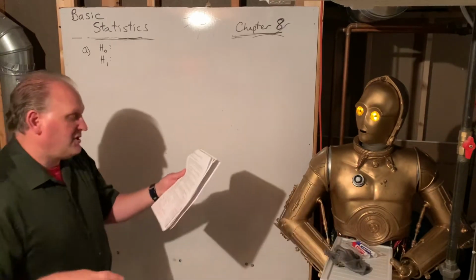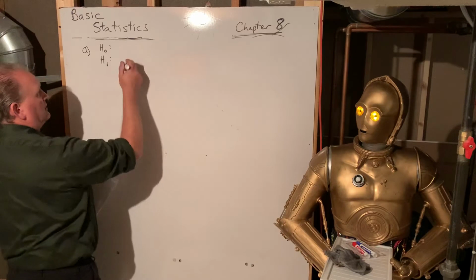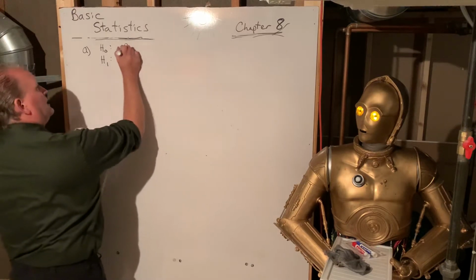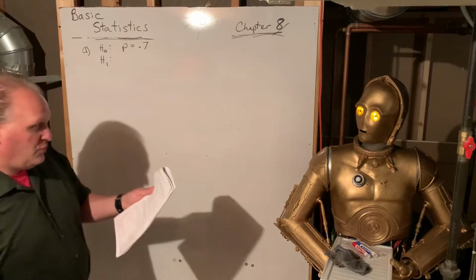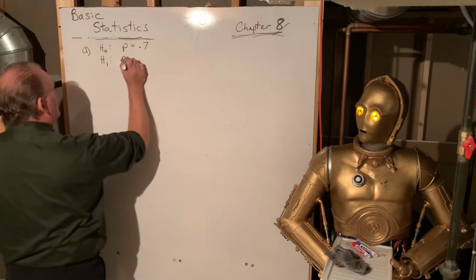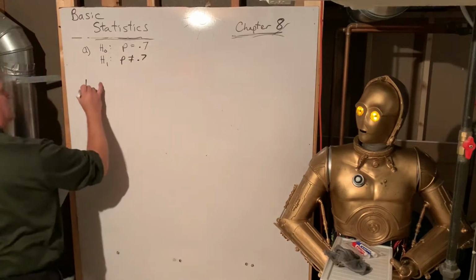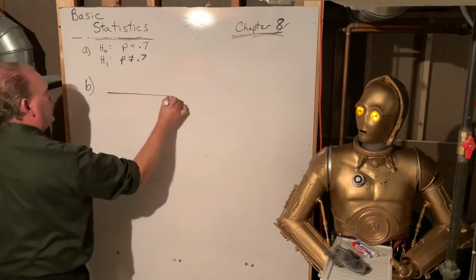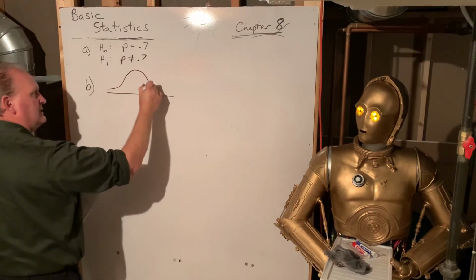Before we actually find p hat, we're going to set up our null and our alternative hypothesis. Here's the null. It's just equal to 0.7. And then the alternative is that it's not that. So that would mean it's p, so we get to go to z.